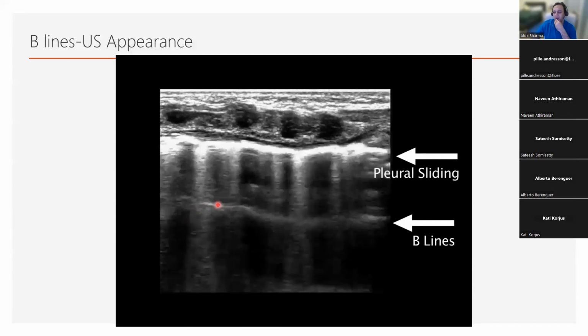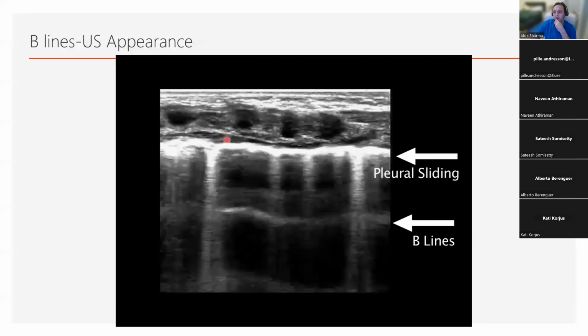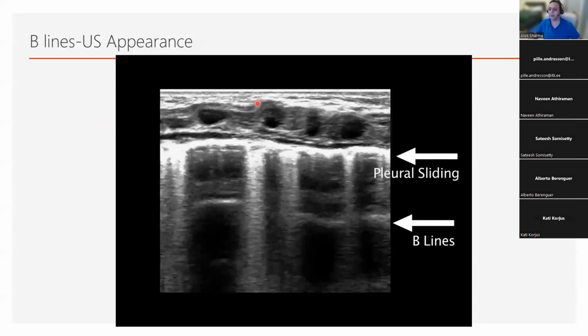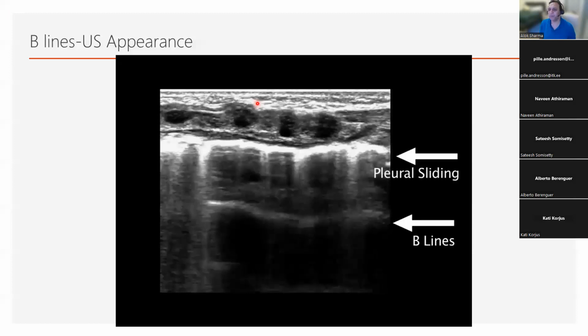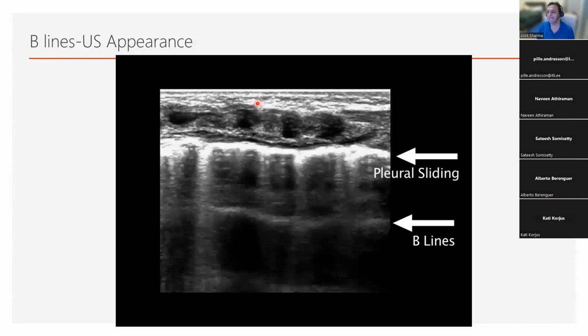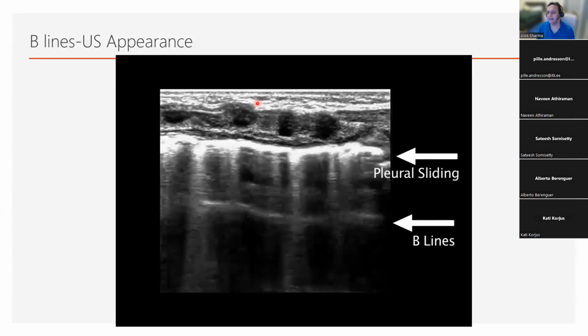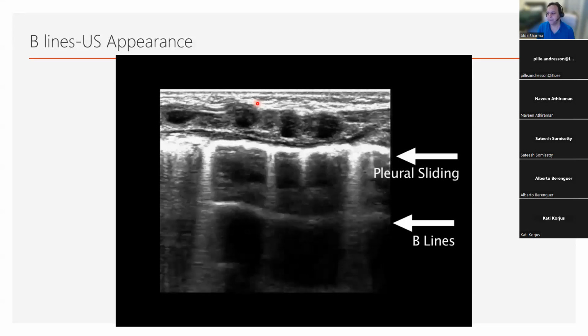But there is also in between you have B lines, which go all the way down. So the only question I have is is it 3 between intercostal space? Probably not. Eye of faith, I would say like 2 to 3 between intercostal space. But there is clearly A lines visualized and some B lines.